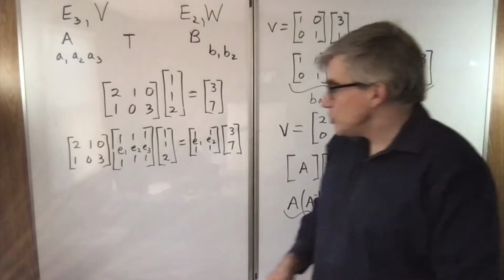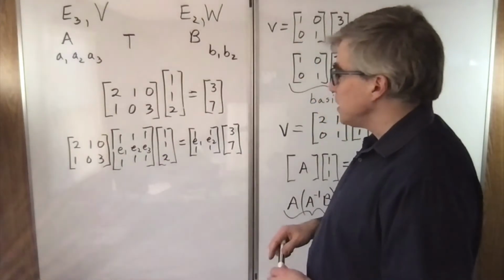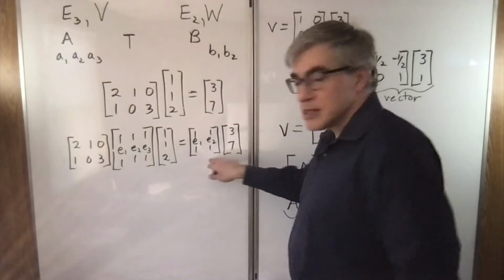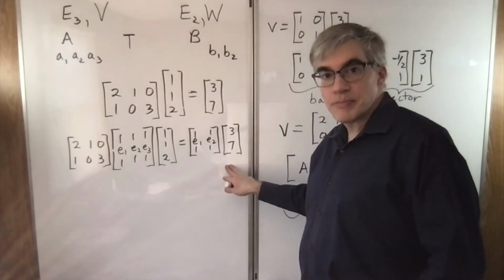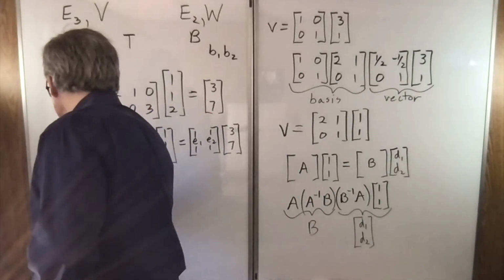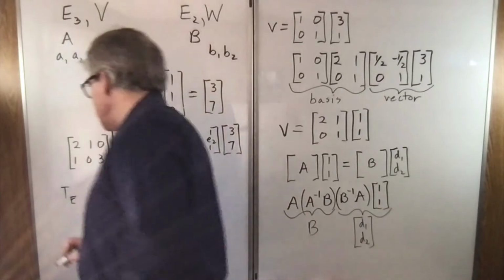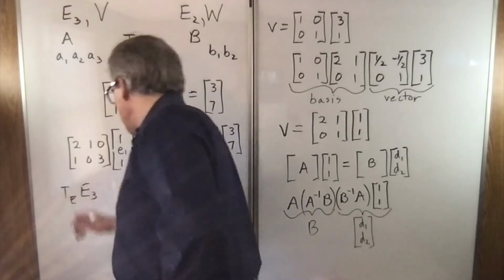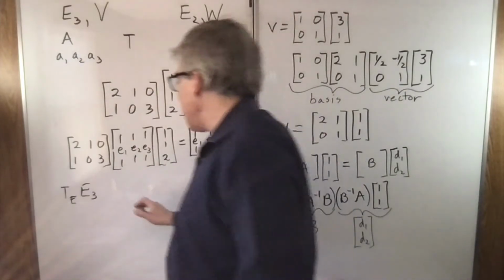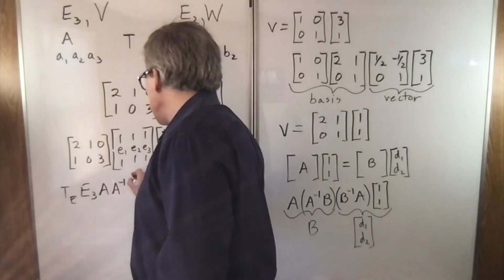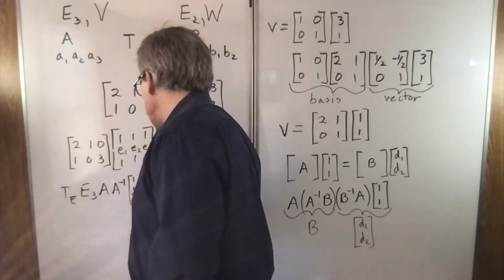We now want to rewrite this so that we get this into the basis A, and we want to rewrite this so we get this into the basis B. So we do the usual thing for each of them. So we have our transformation T in the E basis, I'll just abbreviate it. And then we have E3. And we would like this to be an A, so we put an A there, and then an A inverse, and then our vector V, (1, 1, 2).